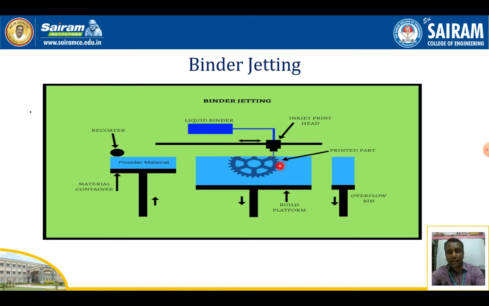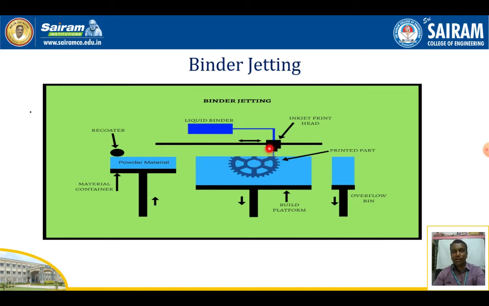Then the layer is produced here. Once the layer is produced, we allow some time to cure the layer. Once it is cured, the powder material is again placed on the layer.